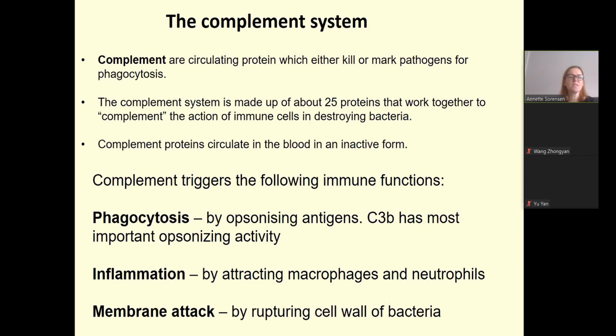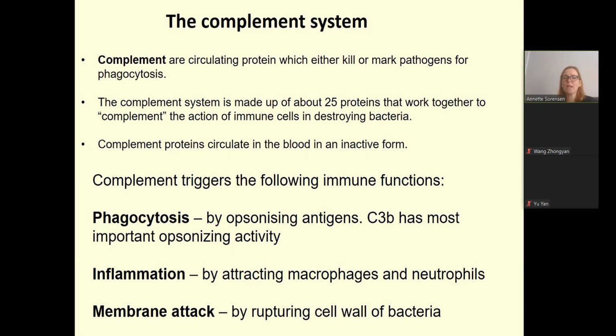The complement system consists of 25 proteins, and these proteins work really closely together to complement the action of immune cells in destroying bacteria. They circulate in the blood in an inactive form.